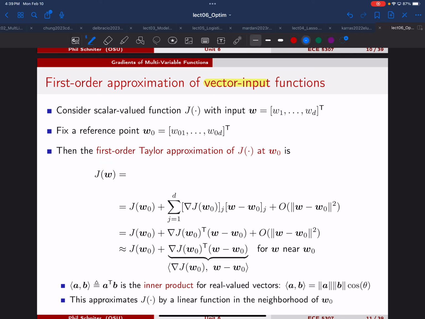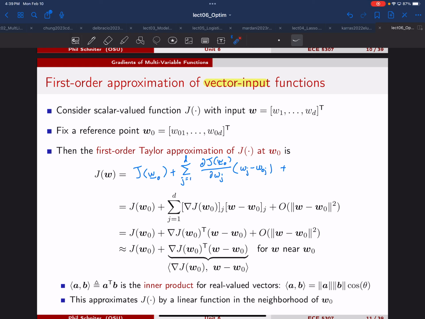We're going to have J evaluated at the reference, where, again, the reference is now a vector. And now we're going to have a sum of gradient terms, j equals 1 to D. And this is the partial derivative of J evaluated at W0 with respect to the jth entry of W. And now we're going to multiply it by a scalar, Wj minus the reference W0j.